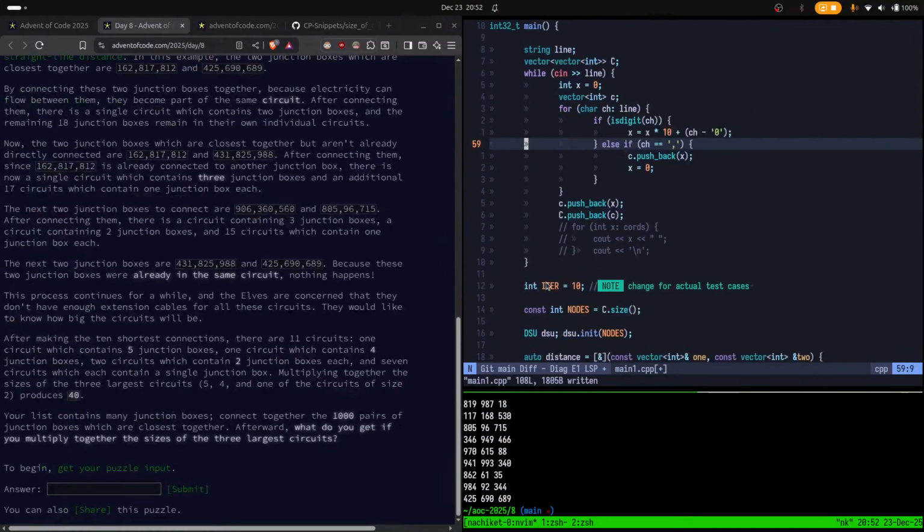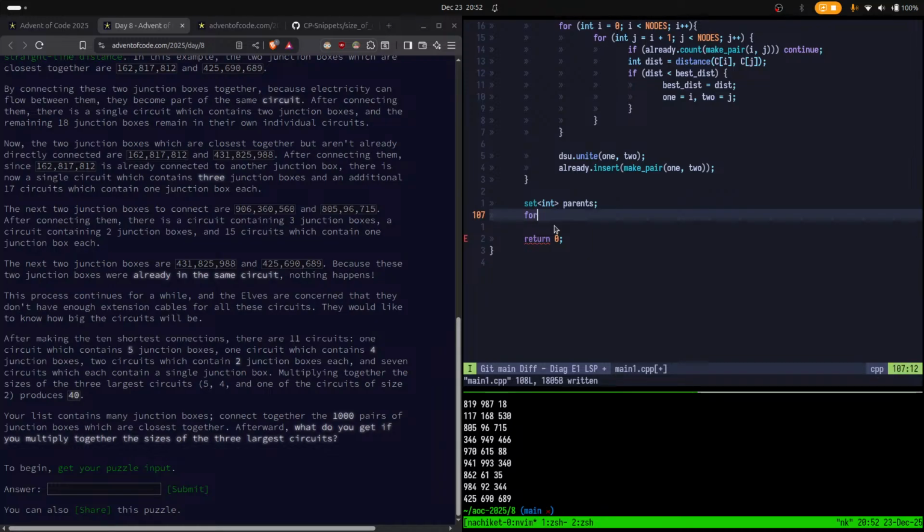Okay. Parents, find their corresponding sizes so that you get the sizes of the number of components that are present.